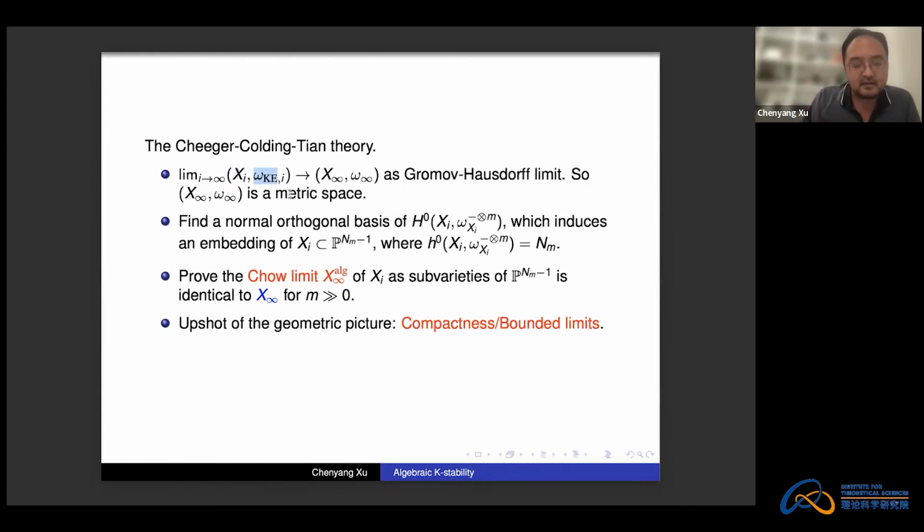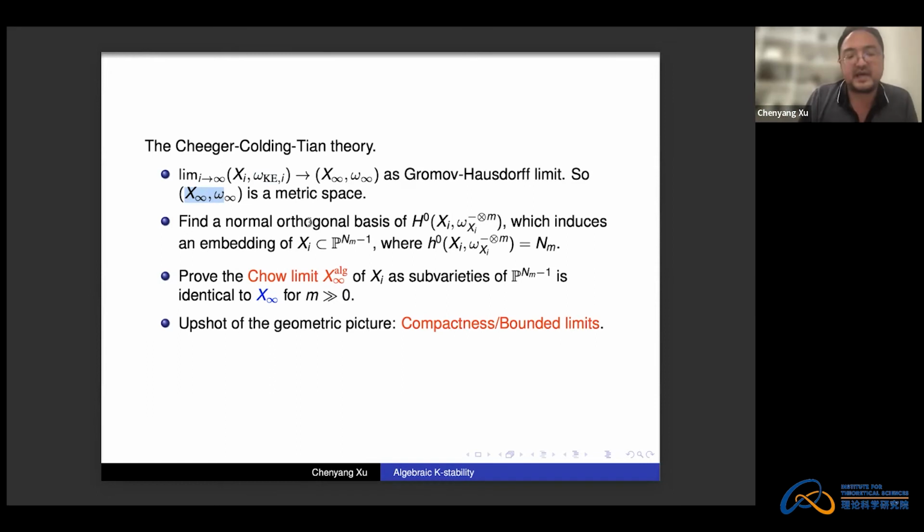But the key is that we want to also realize this metric space by some algebraic construction. So the construction is that I choose the basis of H^0(-mK_X), and I let this m be sufficiently large.